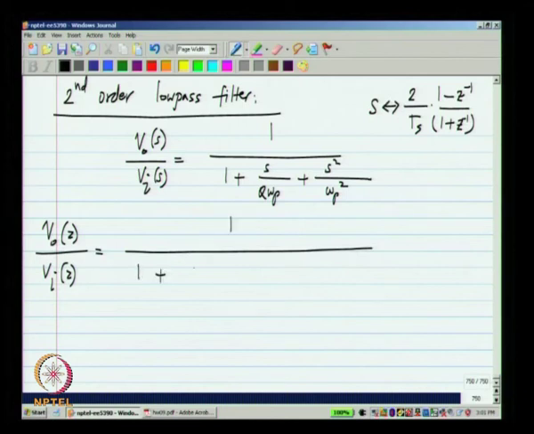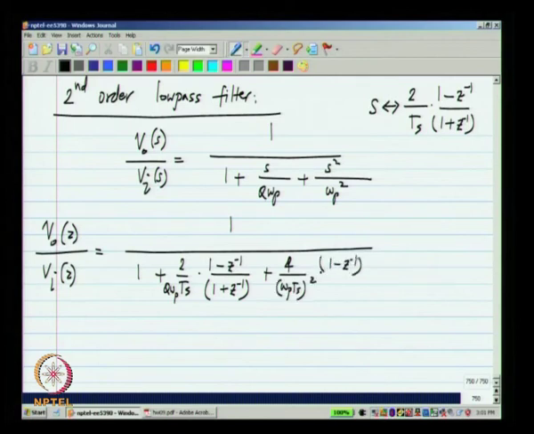which will be 1 by 1 plus 2 over Ts times 1 minus Z inverse by 1 plus Z inverse plus 4 over omega p Ts square times 1 minus Z inverse square by 1 plus Z inverse square.